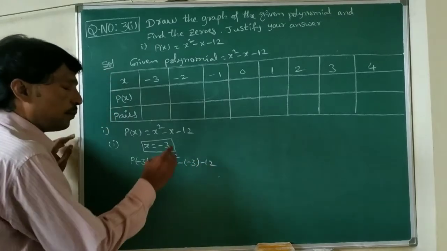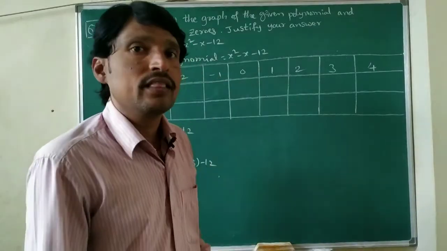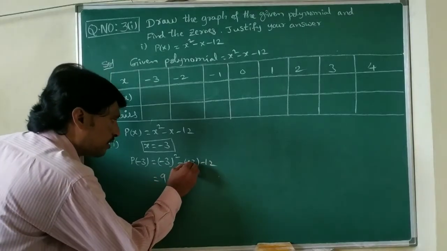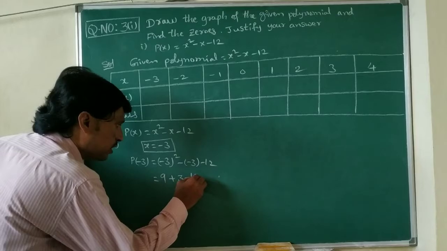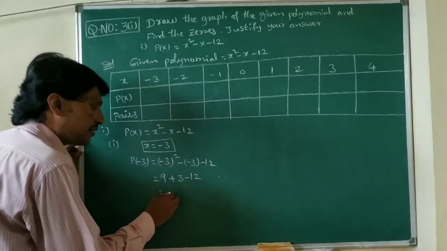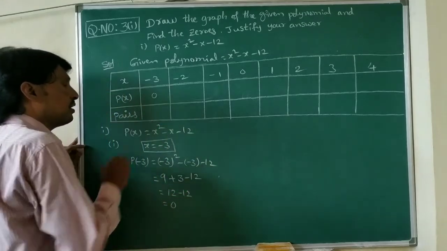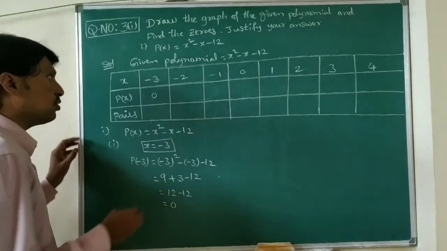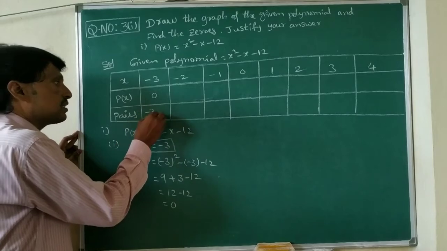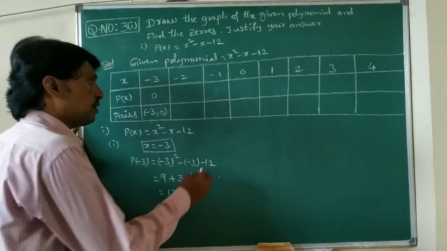Minus 3 whole square means minus 3 into minus 3, that is minus into minus plus, 3 3s are 9. So plus 9 plus 3 minus 12, that is 12 minus 12, that equal 0 we are getting. So here p of x value, we got 0. So the pair is, first we need to write x coordinate, then next p of x means it is the y coordinate.